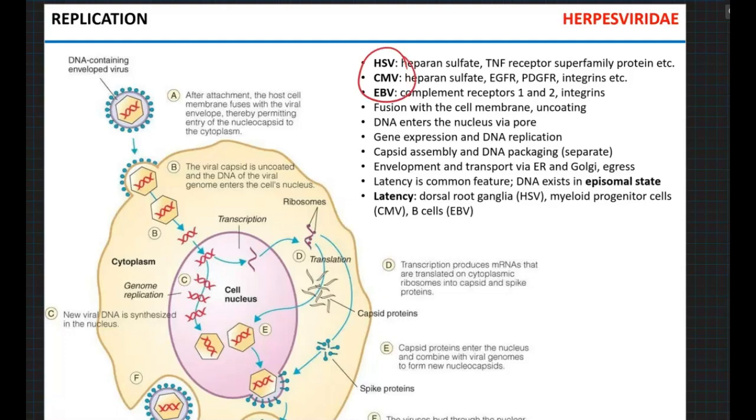These viruses have different receptors that they can bind to, and this determines which cells these viruses primarily infect in the body. So the virus binds to the receptor, the capsid gets into the cytoplasm where it releases double-stranded DNA.